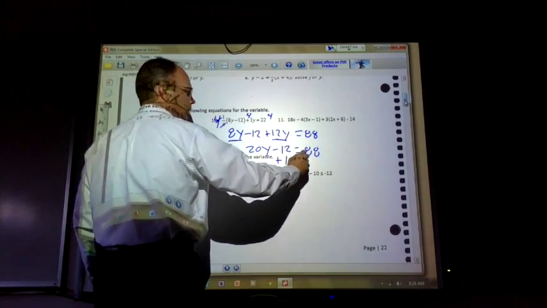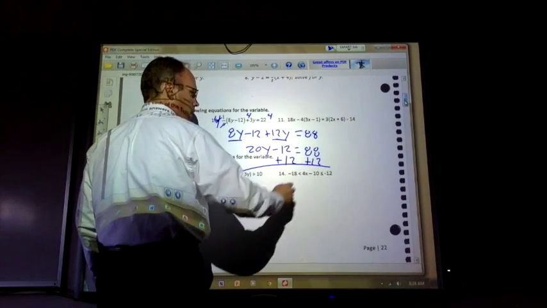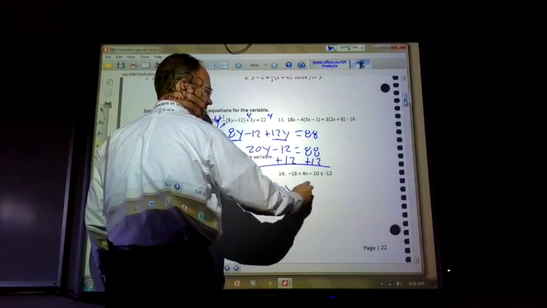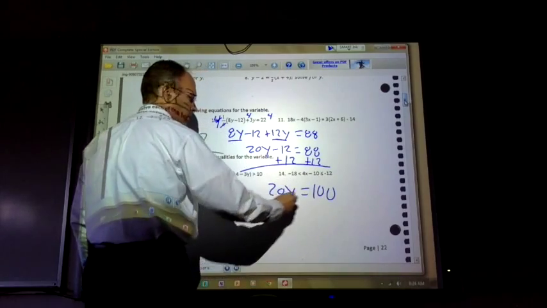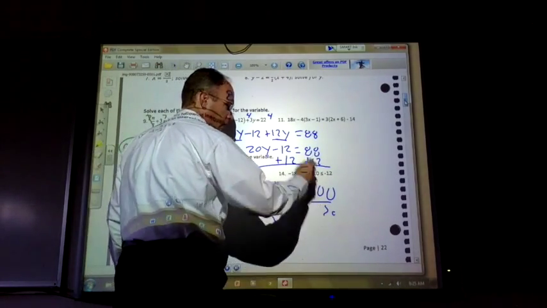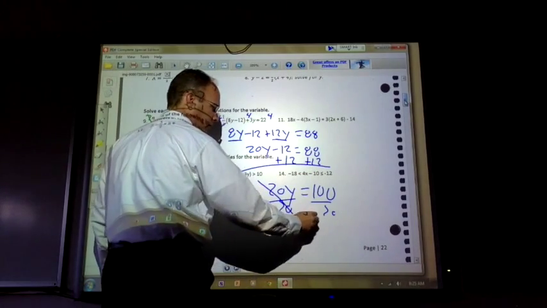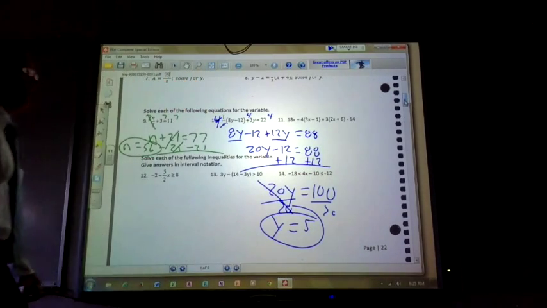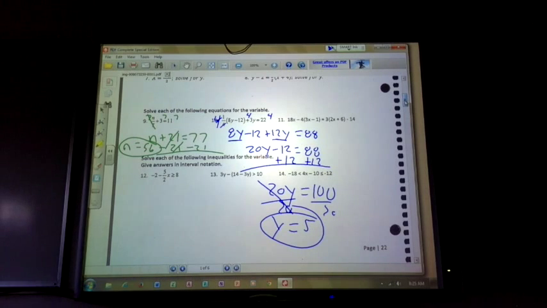And then I'm going to add 12. 88 plus 12 is 100, I believe. 100 over 20 is 5. Your answer would have been the same if you would have gone 1/4 times 8y, that's 2y, 1/4 times negative 12 is negative 3, and gone through that way.